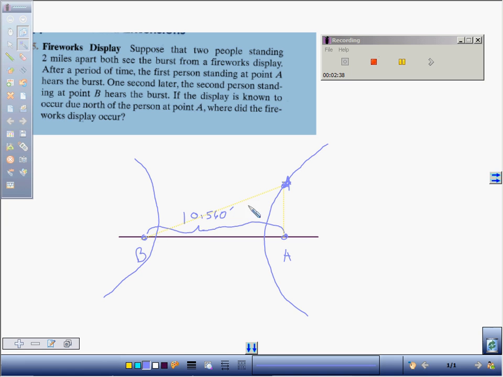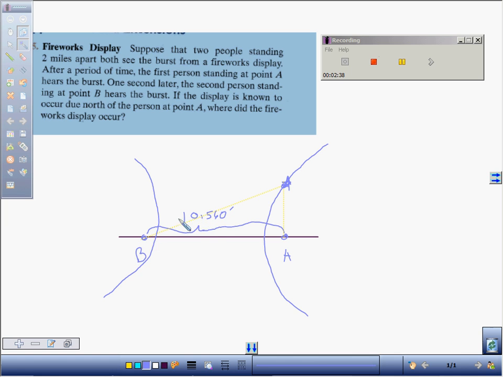And what's unique about a hyperbola is this distance here minus that distance here is always equal to a constant. So if I go from here to here minus here to here, that's equal to the same number. Or if I go to this point on this hyperbola minus from here to here, that thing is a constant as well.